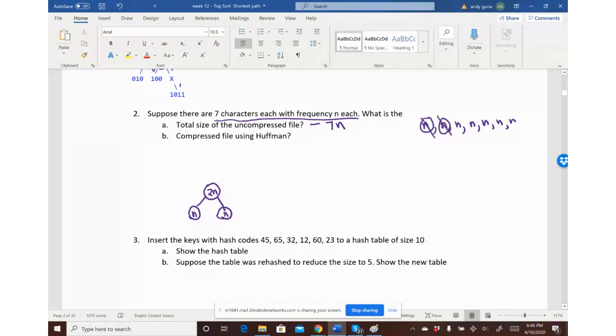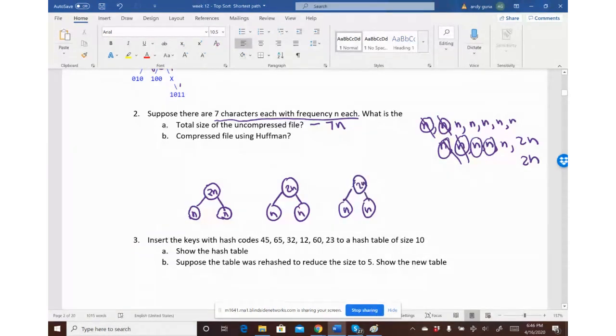So now the queue has five n's and a 2n. When you get the next 2, you're going to get another 2n here. So now we have removed these and put another 2n into the queue. When you get the next 2, you're going to get another tree like this.